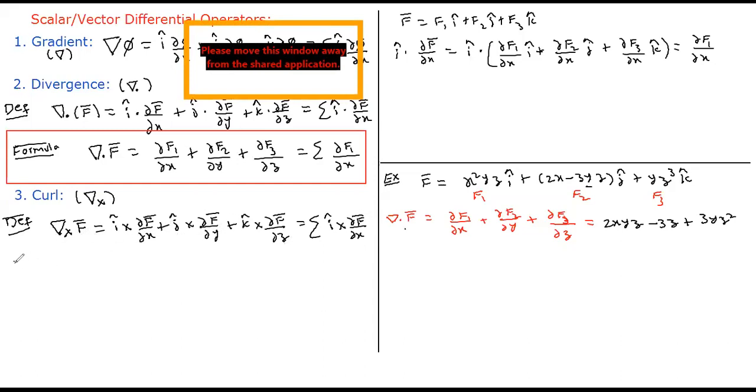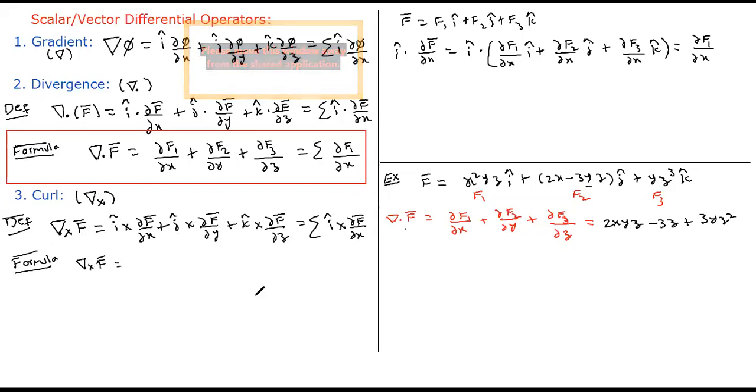But we have a simple formula to compute del cross f bar. What could that formula be? Now come back to this. We have f bar equal to f1 i bar plus f2 j bar plus f3 k bar. The first term says i bar cross dou f bar by dou x.